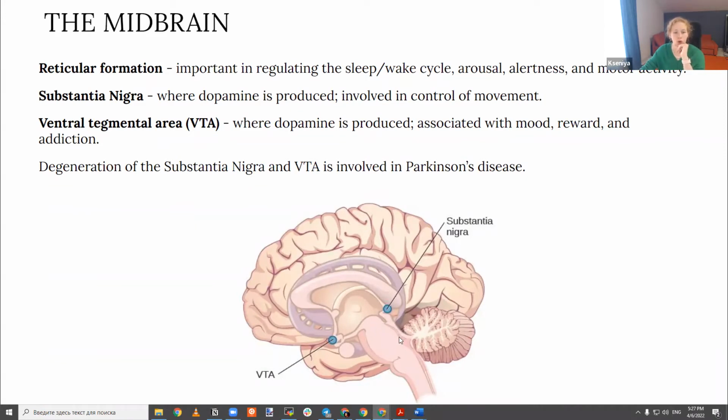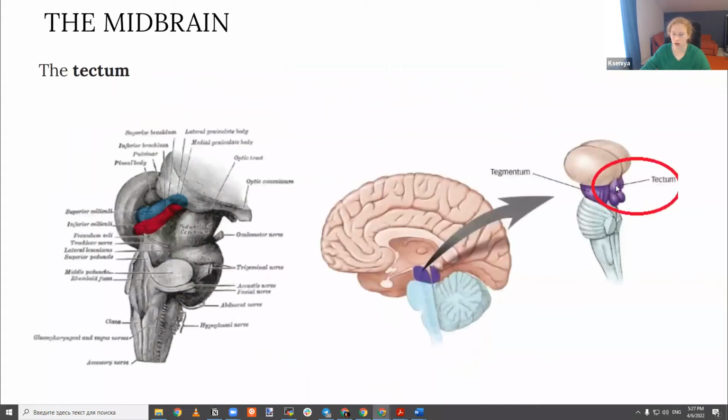Maybe you remember from the previous class about attention, I showed you the picture with the frog, and I said that frogs have some special kind of vision. I think here you can see this picture.